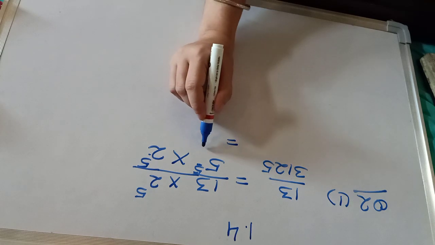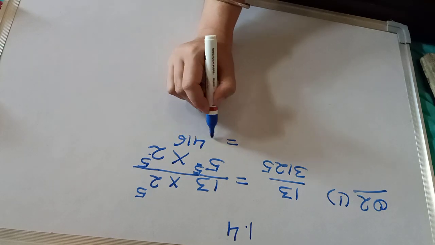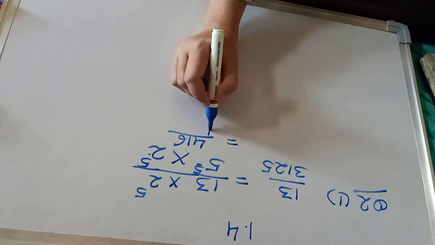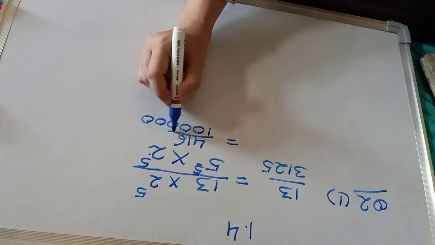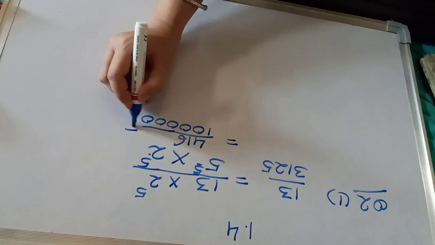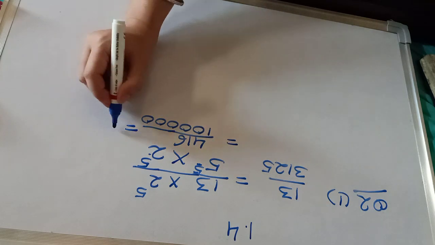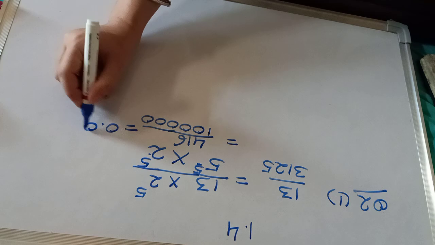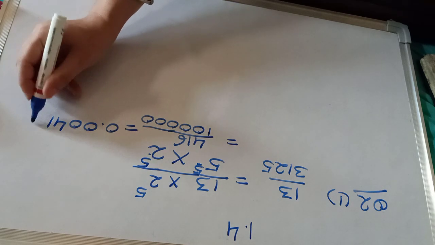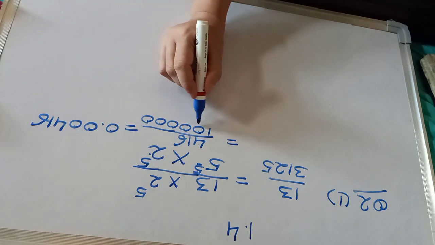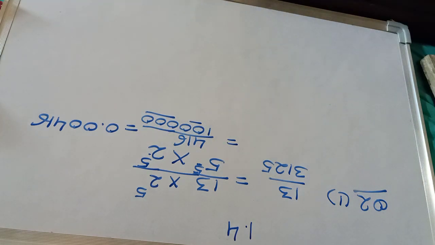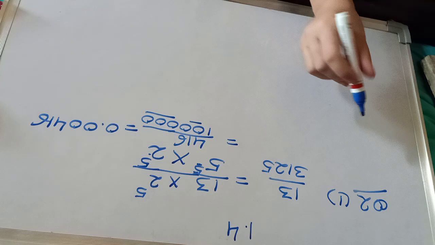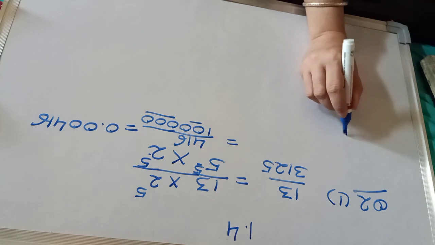And we'll get 416 upon, how many zeros must be there? 5 zeros, and you will easily convert it into decimal. That will be 0.00416. After decimal I need 5 digits. It will be 0.00416.